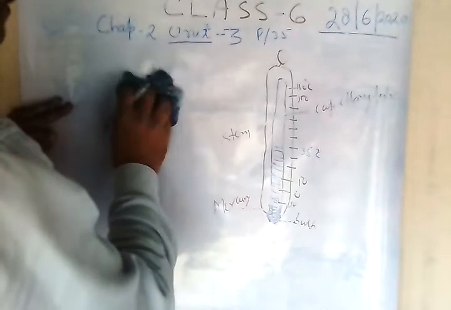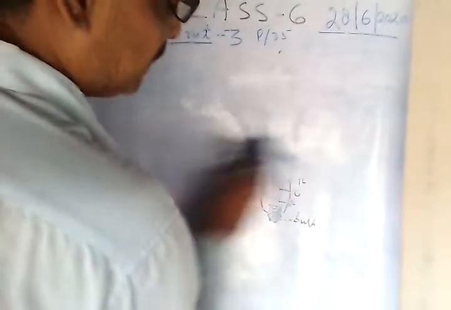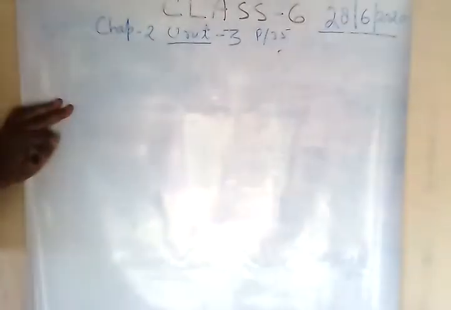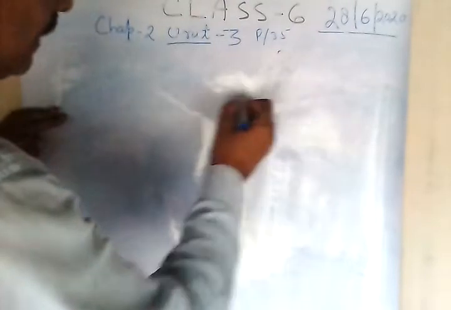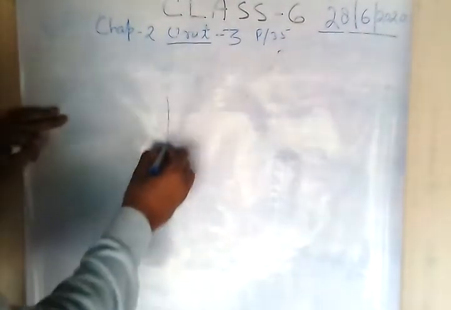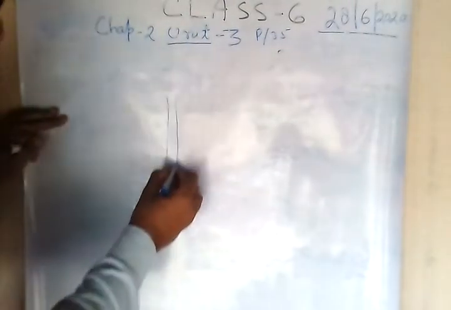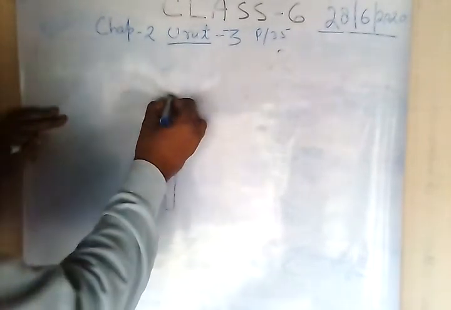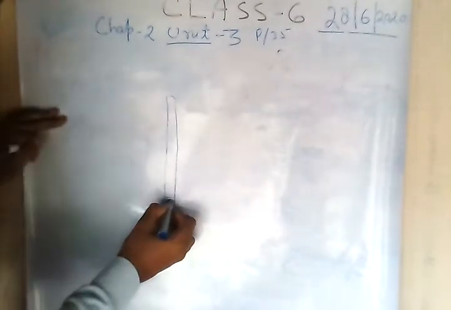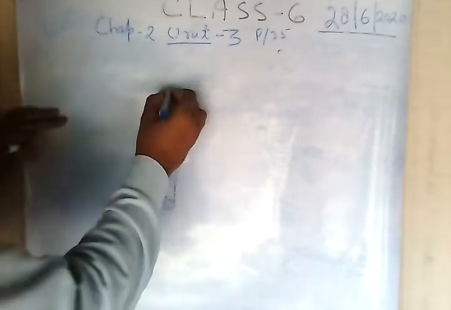Now see here, this is the thermometer. This is the capillary tube of the thermometer, and here mercury is filled.